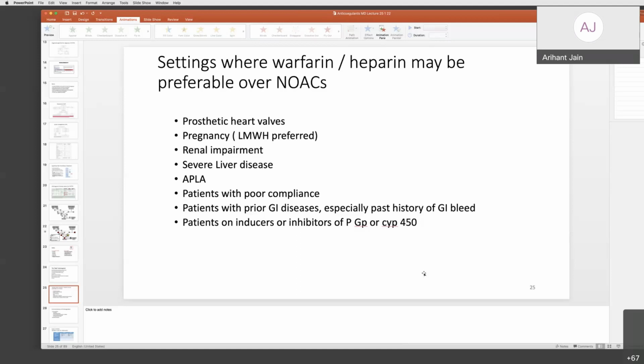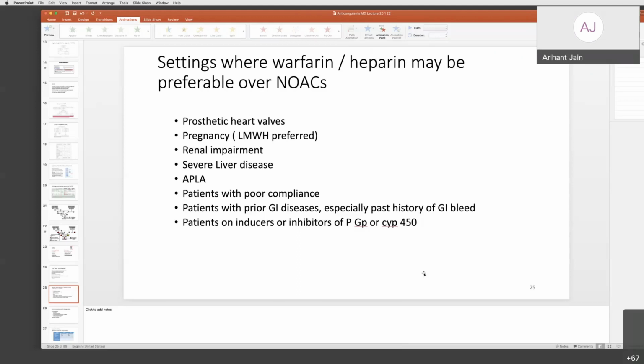APLA, because the trial showed that in APLA patients with thrombosis, if you use NOACs, there is a higher risk of thrombosis. So APLA is one condition where you would still use warfarin or acenocoumarol for your oral anticoagulation and heparin for your parenteral anticoagulation, and you will not use the NOACs.